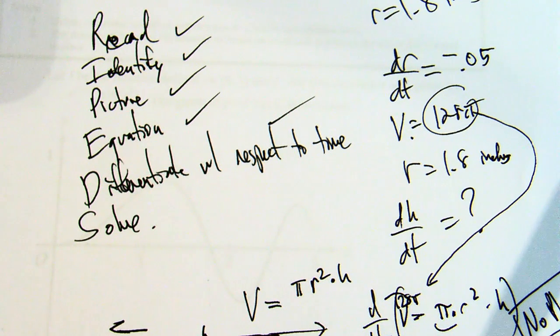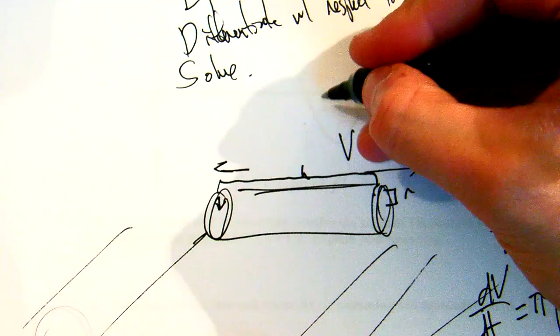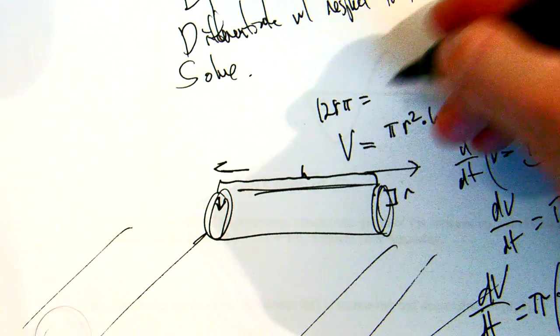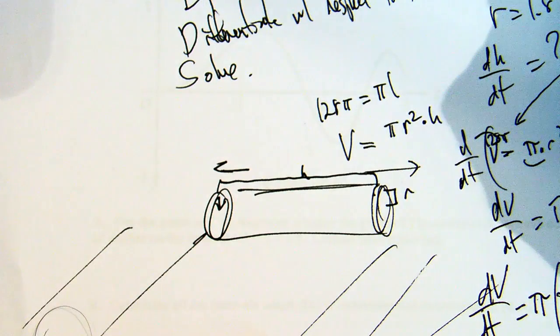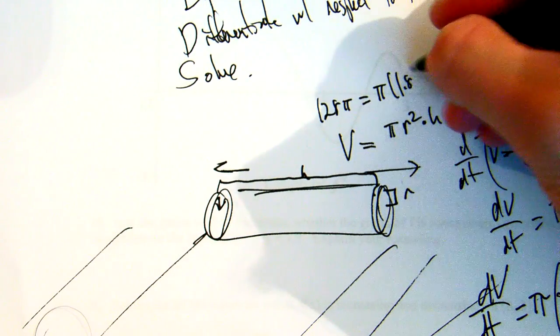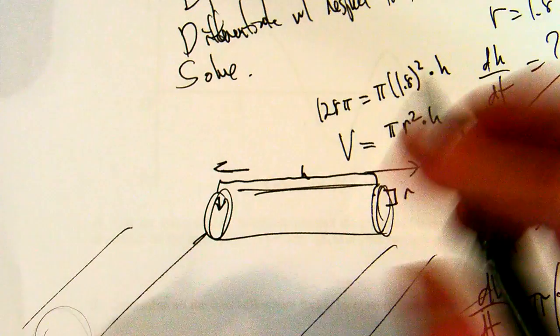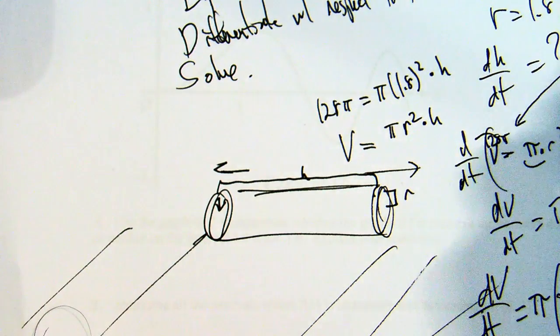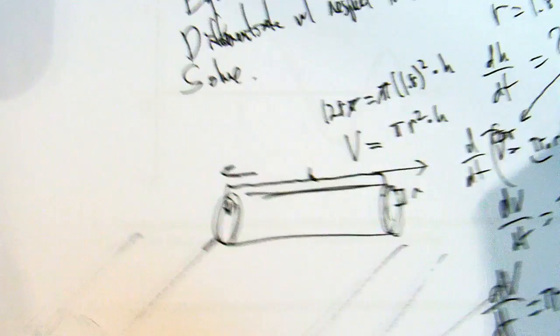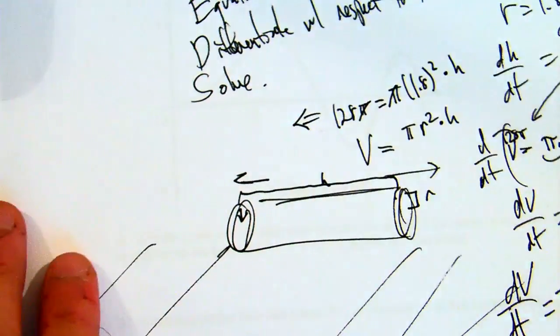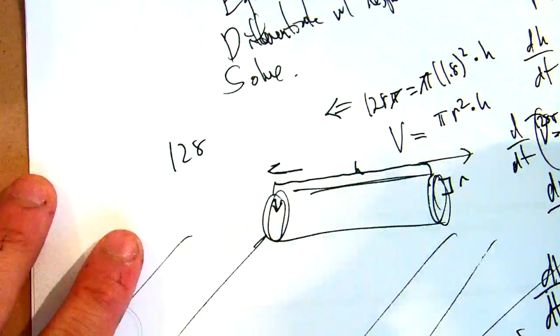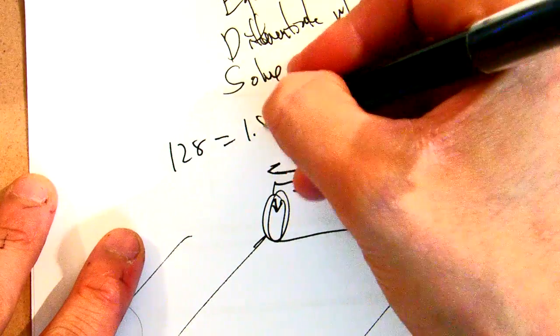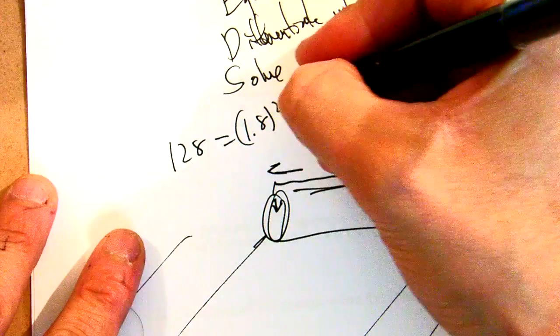Well, we're going to use the equation that we used, this one here. And we know that v was 128 pi, and that is pi times r, r was 1.8, squared times h. So we can use this to solve for h here. Before I use a calculator, let's cancel the pi's. So this gives me that 128 equals 1.8 squared times h, right?